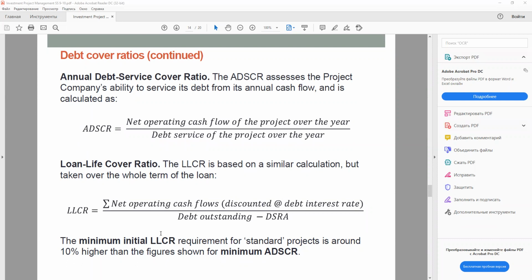Then we have a loan life cover ratio. The loan life cover ratio is based on a similar calculation, but taken over the whole term of the loan.